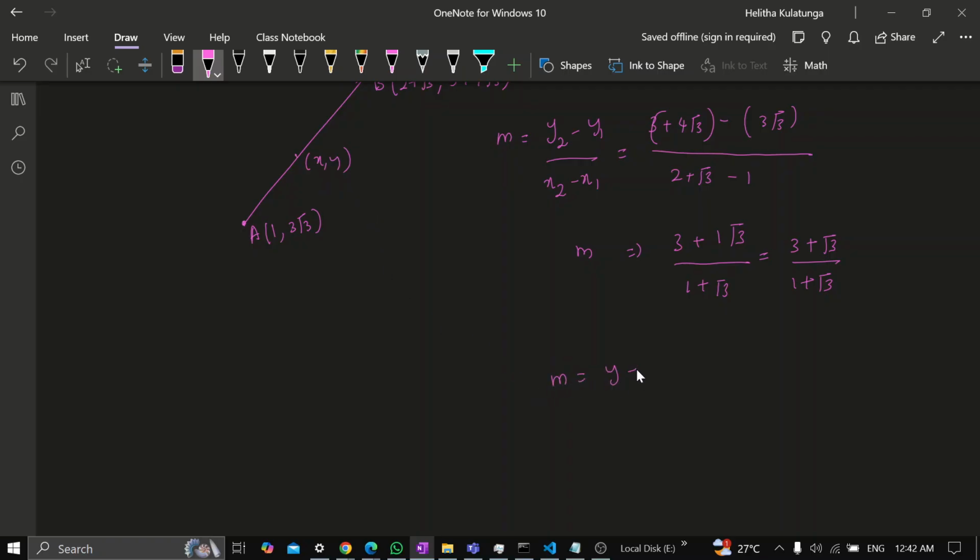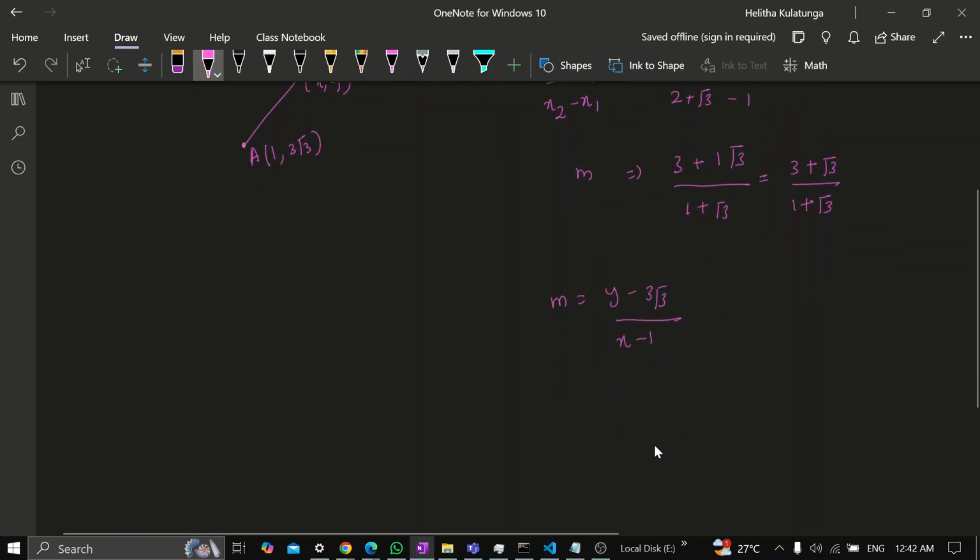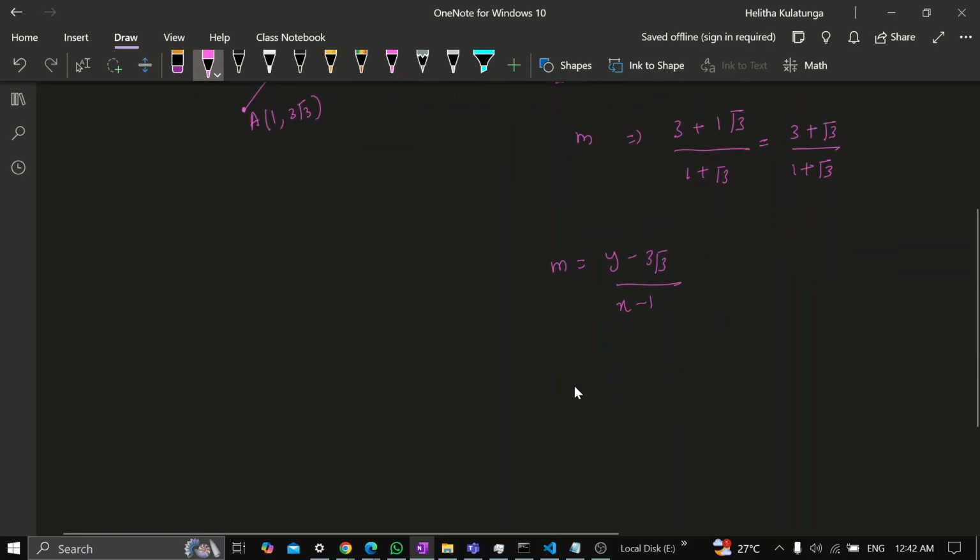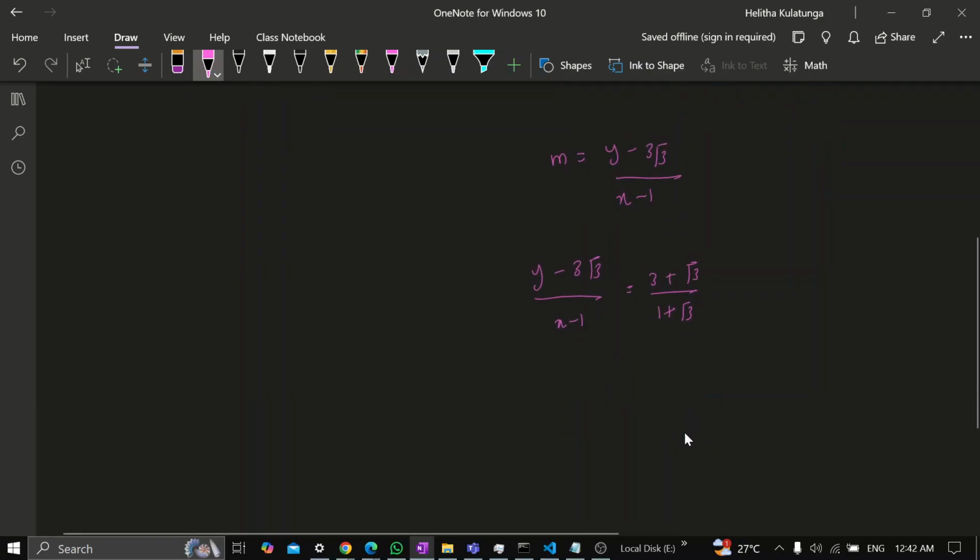That will be (y − 3√3) divided by (x − 1). Then we can equate these two expressions: (y − 3√3) over (x − 1) equals (3 + √3) over (1 + √3).